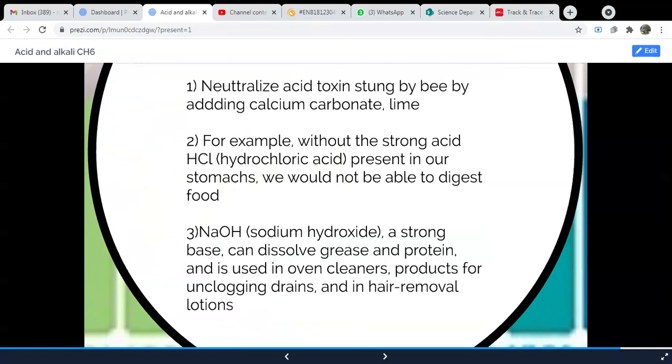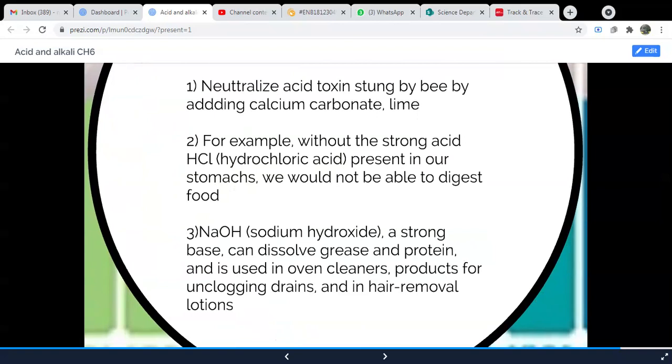For example, the first one: if you are stung by a bee, the toxin is usually acidic.